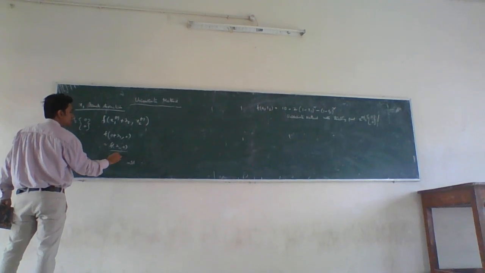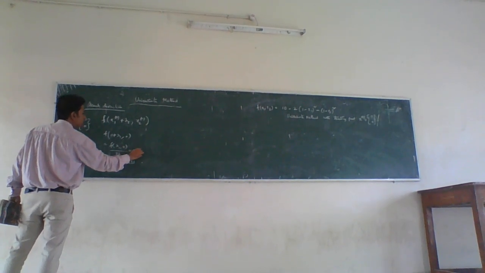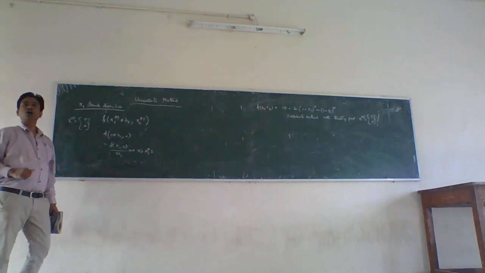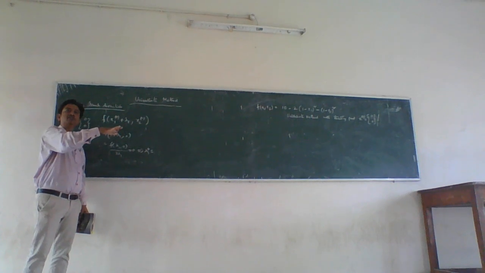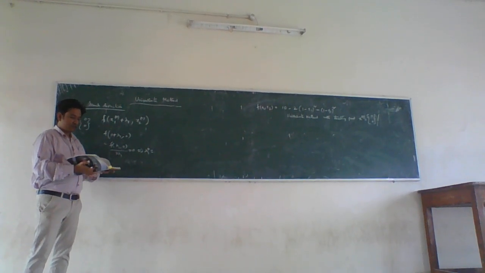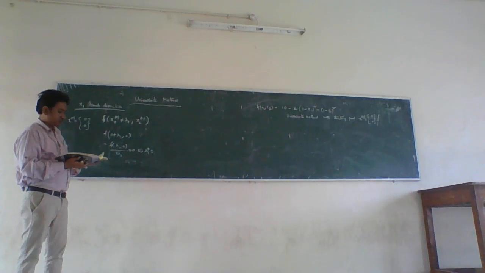Now you take differentiation with respect to lambda 1, equate to 0, get lambda 1 star, the optimal step length, because when you are moving in this direction, you need to find the step length. Do it now. Substitute lambda 1 in the equation given in the function.